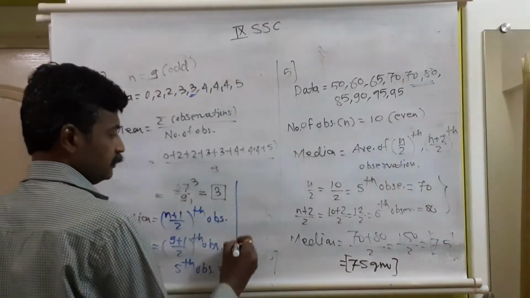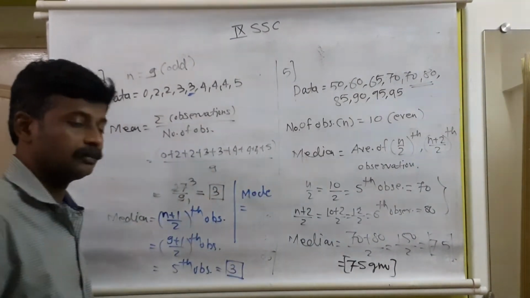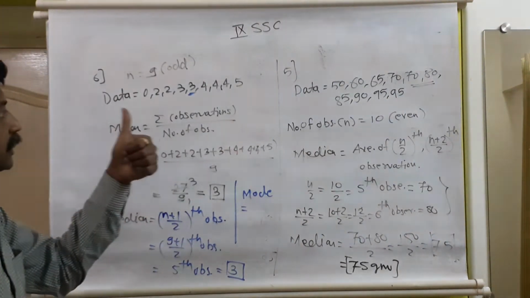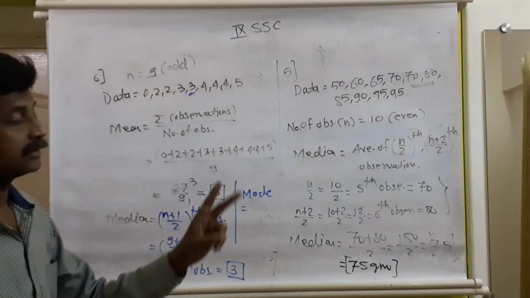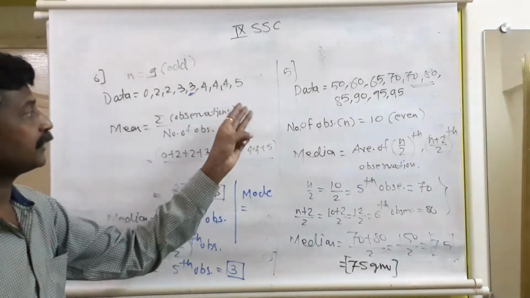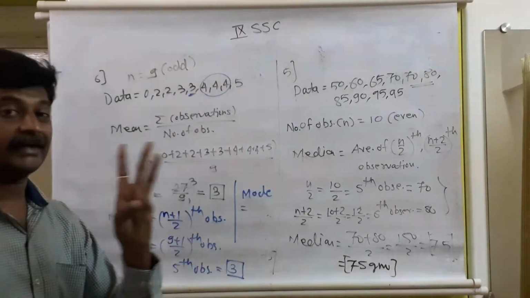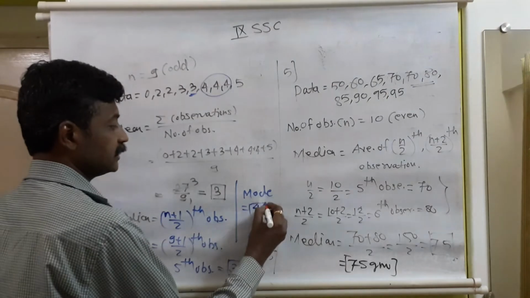Let us continue with the mode, the next central tendency. Mode is nothing but the observation which occurs the maximum number of times in the given data. Now 0 occurs only once, 2 occurs twice, 3 occurs twice, 4 occurs 3 times and 5 occurs only once. So here 4 is occurring 3 times, the maximum. So the mode for the given data is 4.